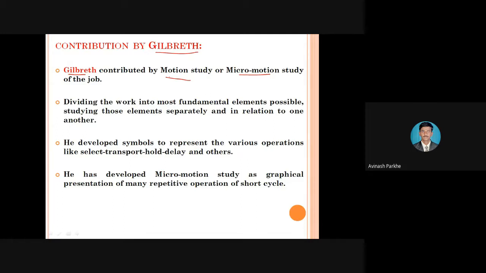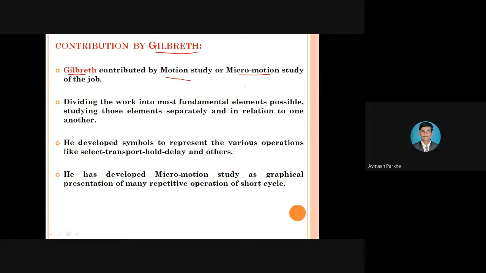If that job takes much more time to move from one station to another, your production time goes on increasing. Therefore, regarding motions, movements or micro motions, sometimes what happens is that your component moves in a very small direction, but again and again the motion takes place in the form of repetitive movement.